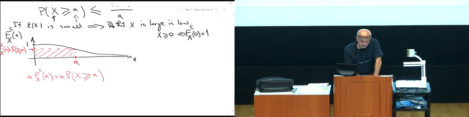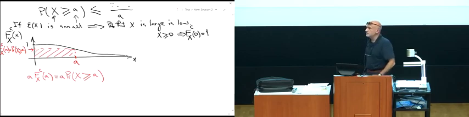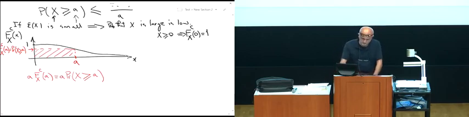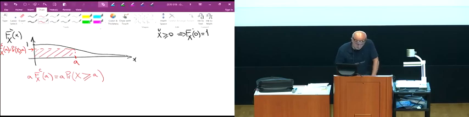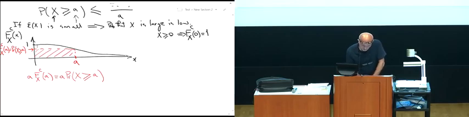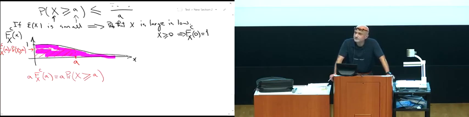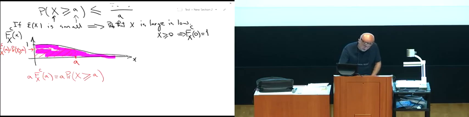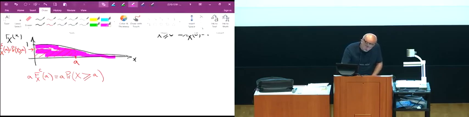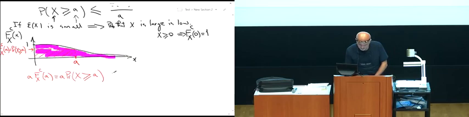How do you compare that to the total area under the complementary CDF? If I were to shade all of this, how does that red area compare to the purple area? Less than or equal to the purple area.